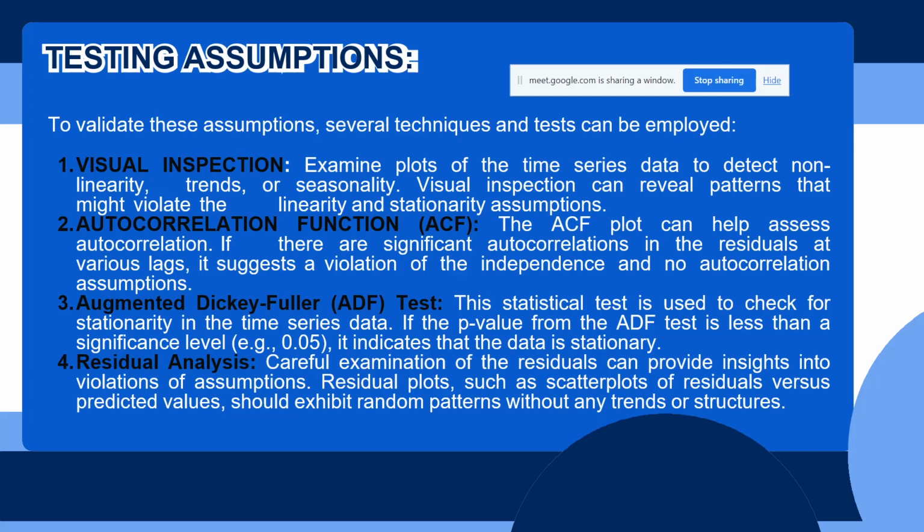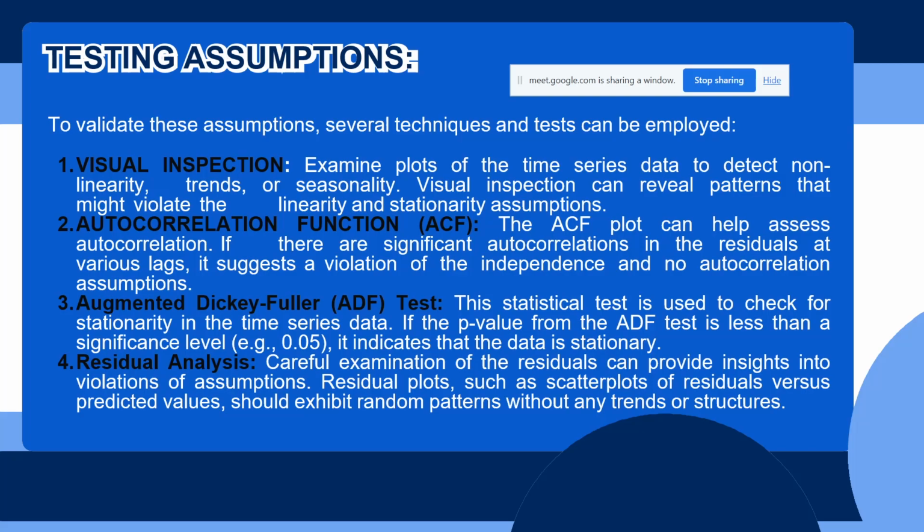And the third one is the Augmented Dickey-Fuller test, or ADF. This statistical test is used to check for stationarity in the time series data. If the p-value from the ADF test is less than a significance level, for example 0.05 if none is given, it indicates that the data is stationary.